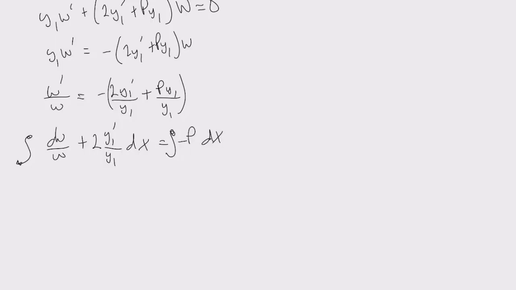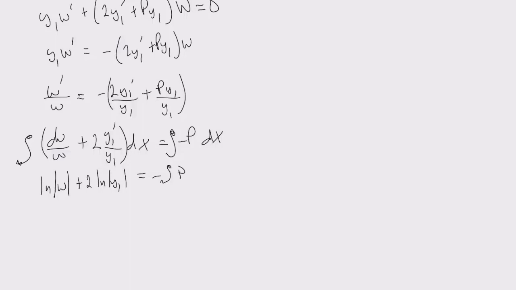I do want to clarify: I'm taking the integral of everything on that side. So dw over w, that's ln of w, and then plus 2 ln of y1. On the other side, p itself is potentially a function of x, so I can't quite treat it like a constant.